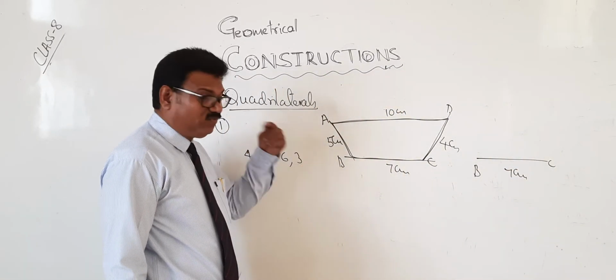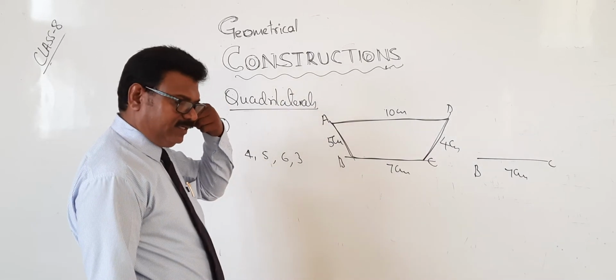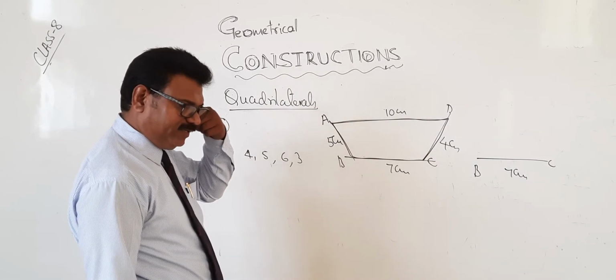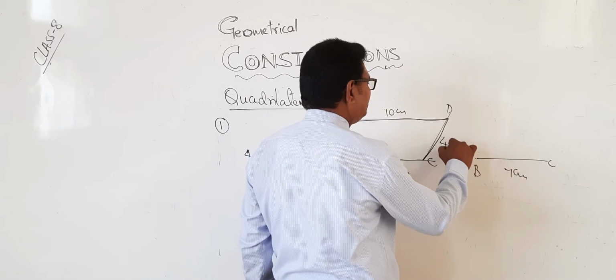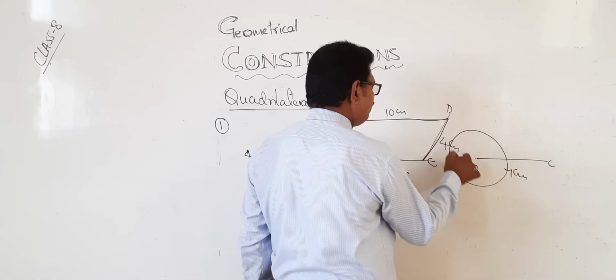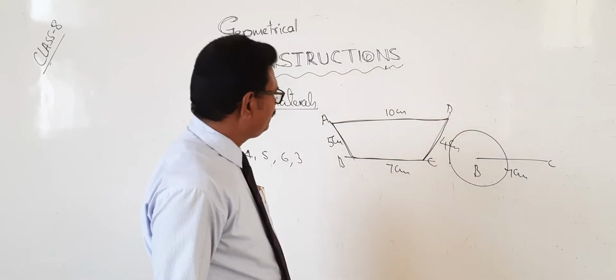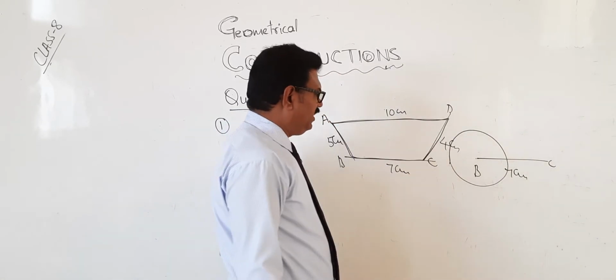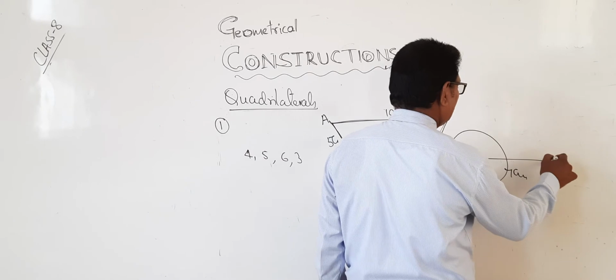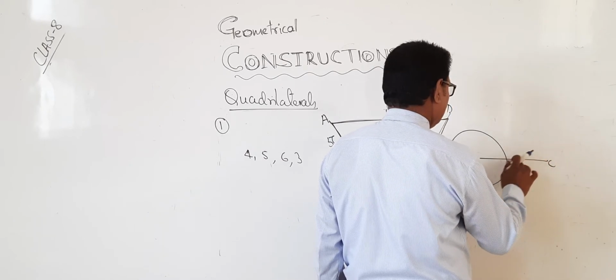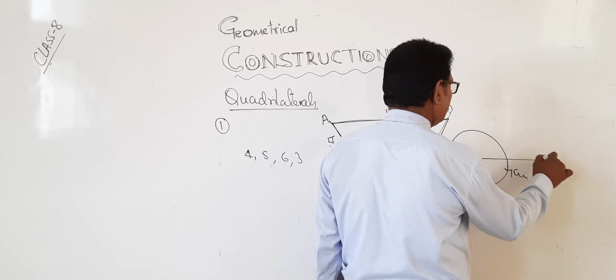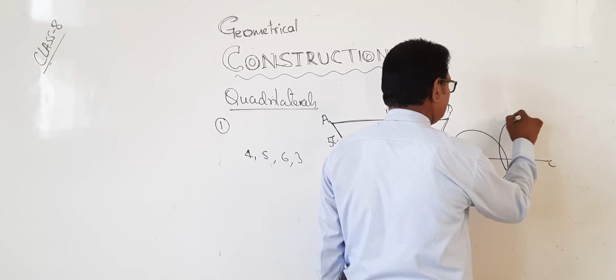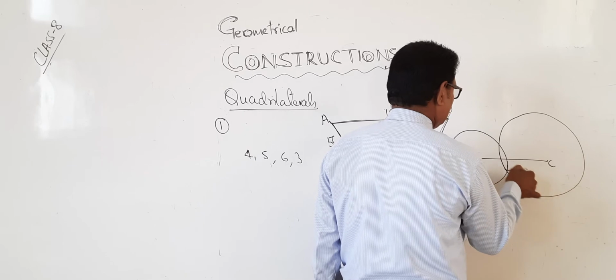Now AB is 5 centimeters. AB 5 centimeters means I am taking 5 centimeters over like this. Here the other side is 4 centimeters. Sorry, it is 4. Okay, right.